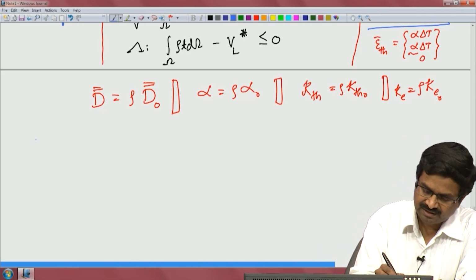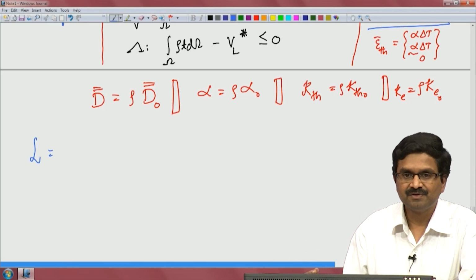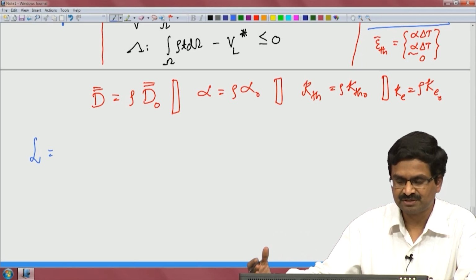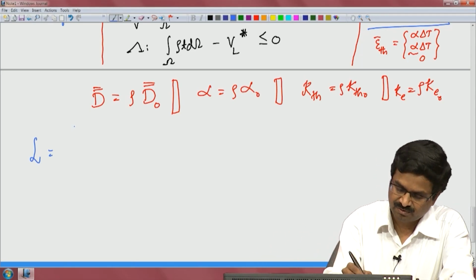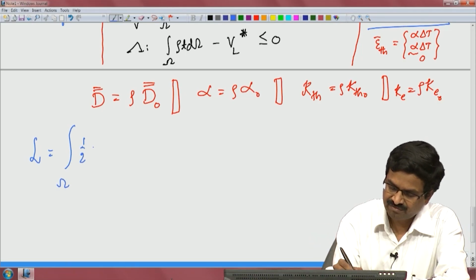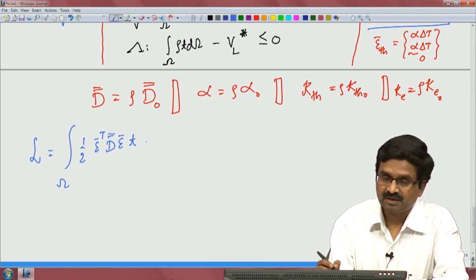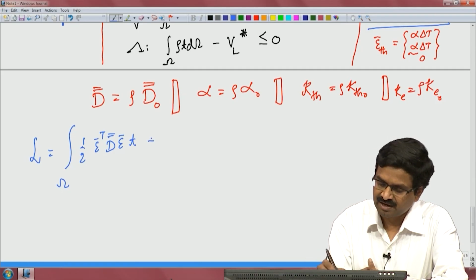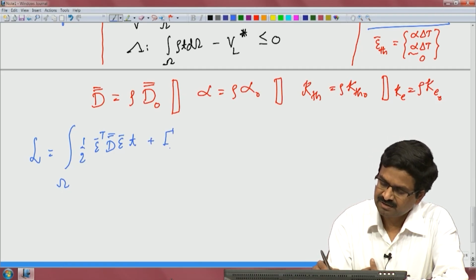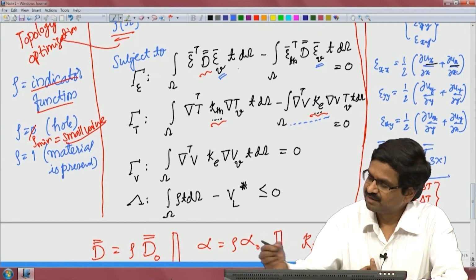So, when we have this, as usual we have to write the Lagrangian. It will be a long Lagrangian because you have 3 governing equations, 1 resource constraint, the volume constraint and the objective function. So, if we write that, first one is half epsilon transpose D epsilon, that is the strain energy, and then we have this gamma epsilon multiplying the governing equation for the mechanical problem.